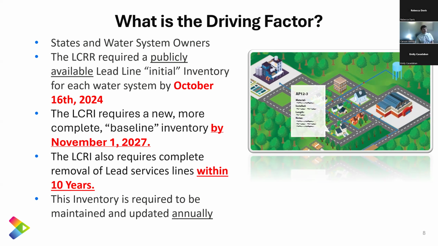The LCRI is now requiring a new, more complete baseline inventory, which we'll talk about in a little bit, for November 2027. It also requires, this new LCRI, complete removal of all the lead service lines within a water system within a 10-year period of that outset date of November 1st, 2027. And these inventories and these reporting metrics for removal need to be updated and maintained annually.